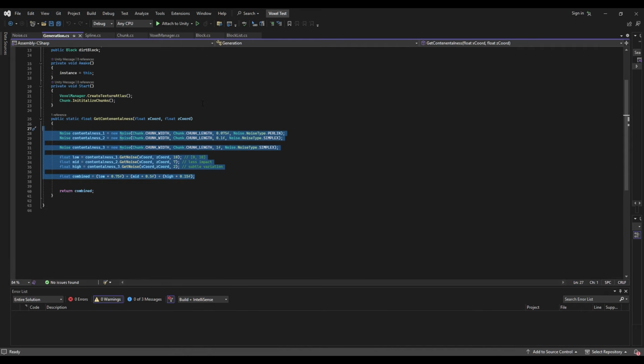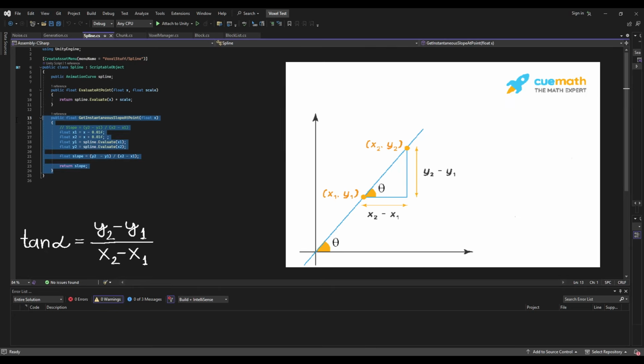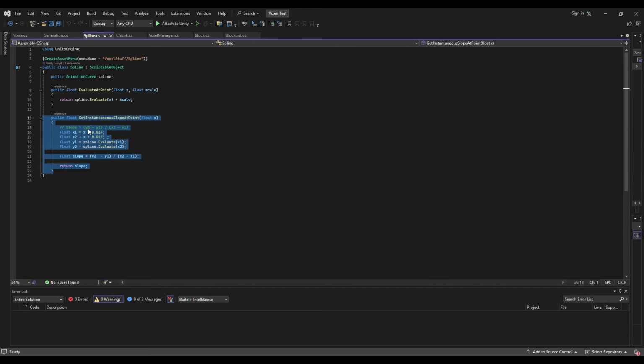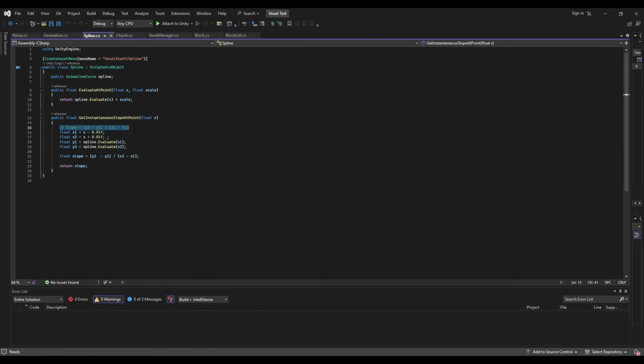And then to get the stone spawning on steep surfaces, I basically used the slope formula to get the slope of the point on our spline. So, for example, if we returned 10, our slope formula is y2 minus y1 over x2 minus x1. So x2 and x1 would refer to the places around our point.